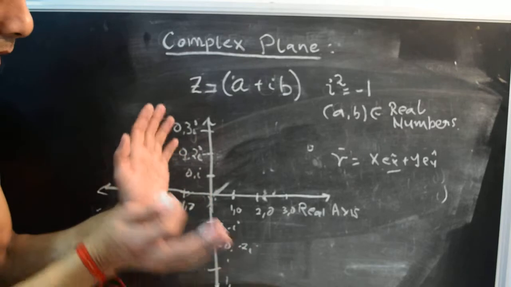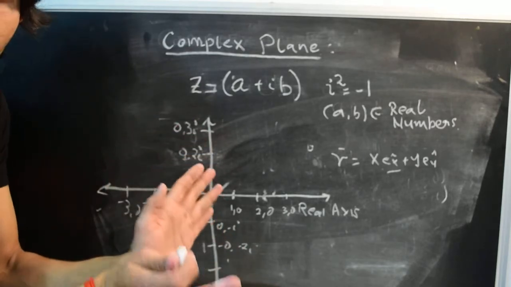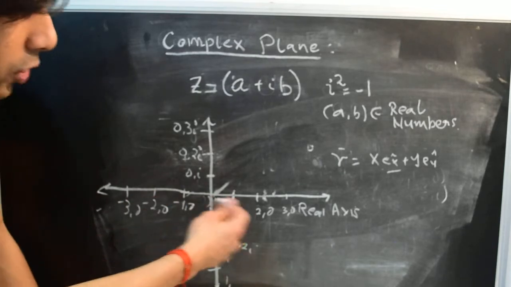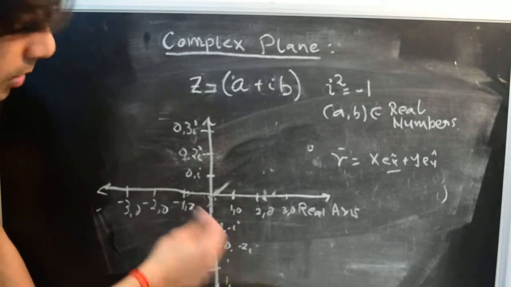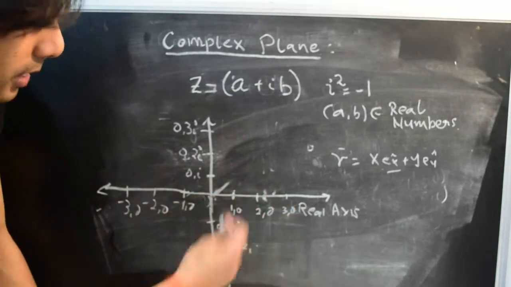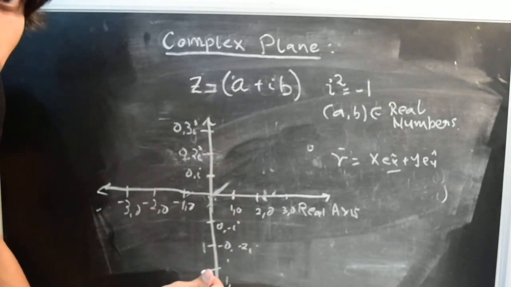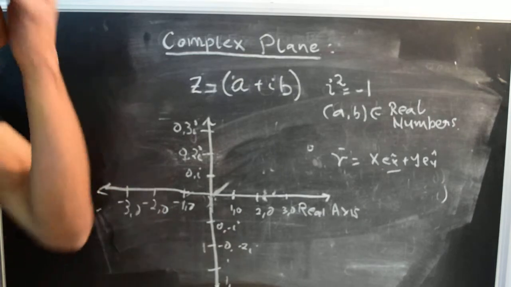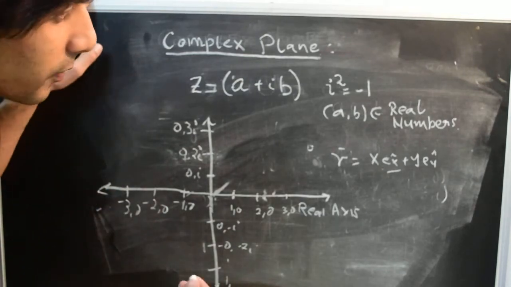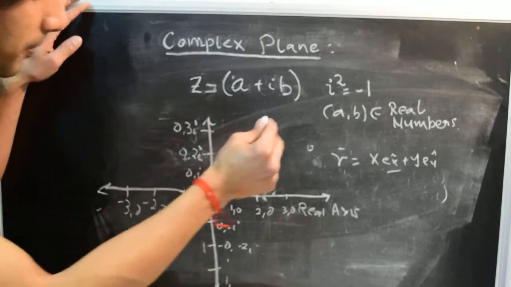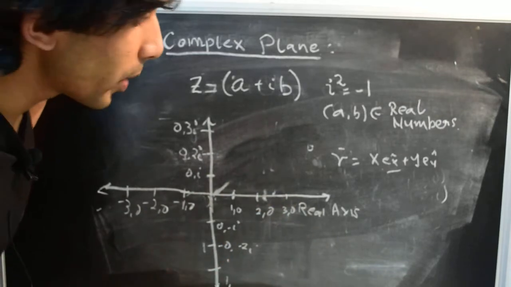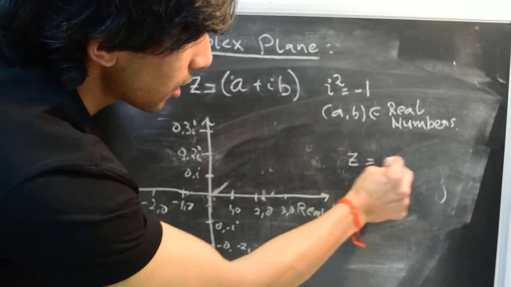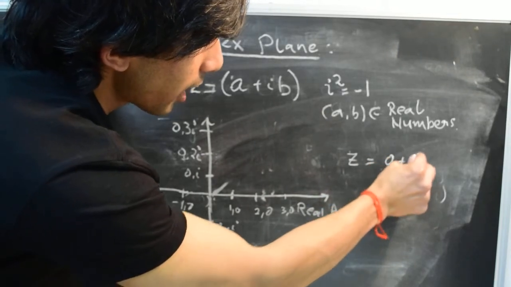If we label the two axes that we typically use for the Cartesian plane with these labels, I've just chosen integer points for convenience. Of course, all real numbers on the real axis and all real numbers on the imaginary axis are part of this description. So let's think of where the point z is, which is 0 plus i.